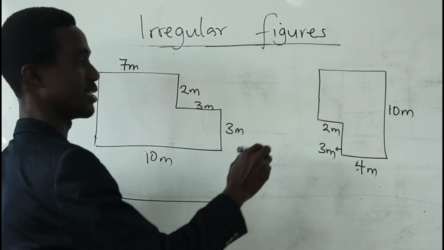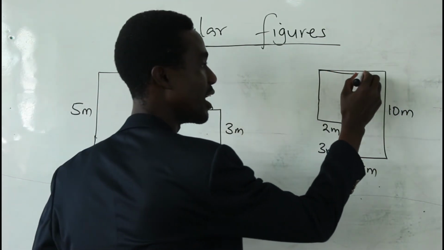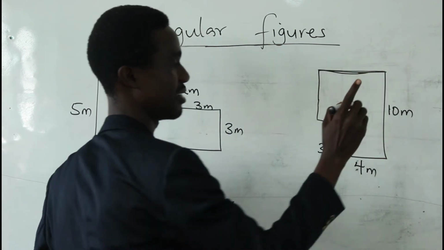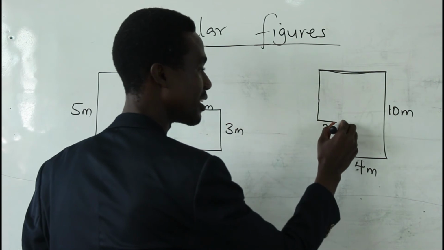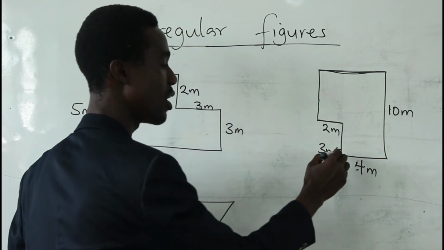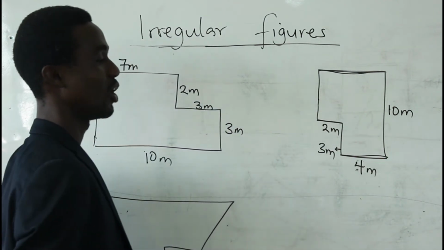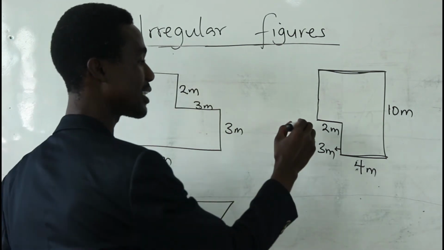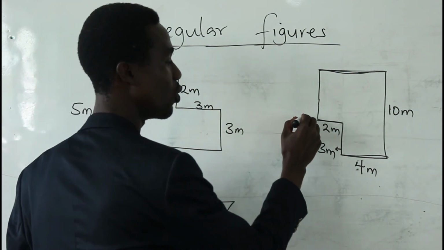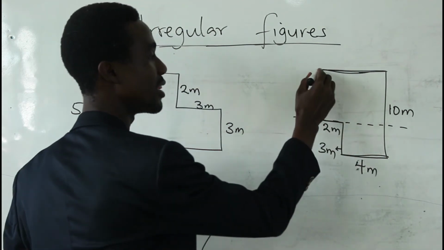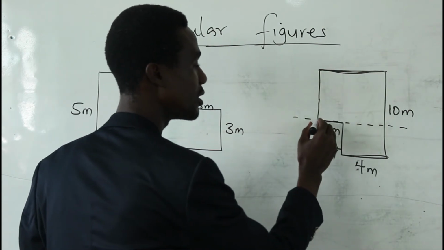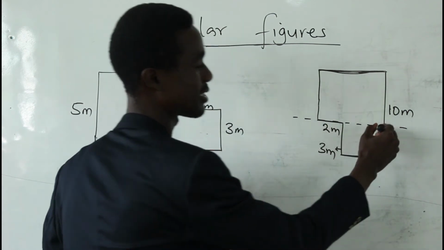Taking into consideration this whole length here, excuse my drawing, is this side in addition to this side. So for example, if you are to cut this shape into 2 on this side, you will have this side here equaling this part.